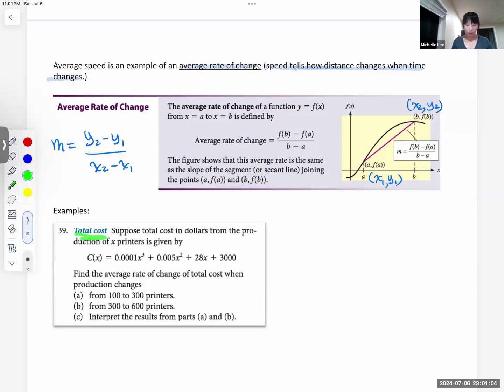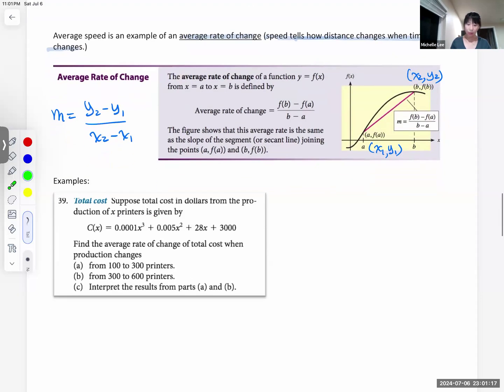Total cost. Suppose the total cost in dollars from production of x printers is given by, okay, now C of x equal to this. Find average rate of change of total cost when production changes from 100 to 300 printers.